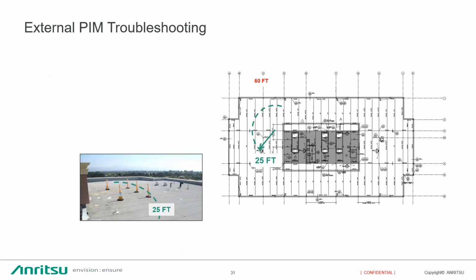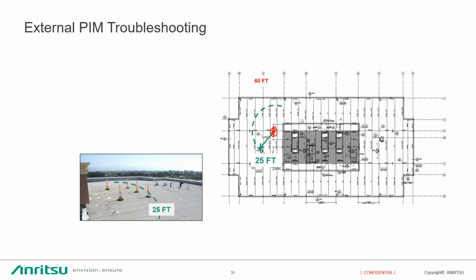External PIM troubleshooting can be a little bit more interesting if you're using a solution like the IQ FiberMaster. Let's look at this example here. Let me see if I can pull up a little pen. My antenna location is right here. If you can see that little red dot, that's the antenna location on this rooftop.